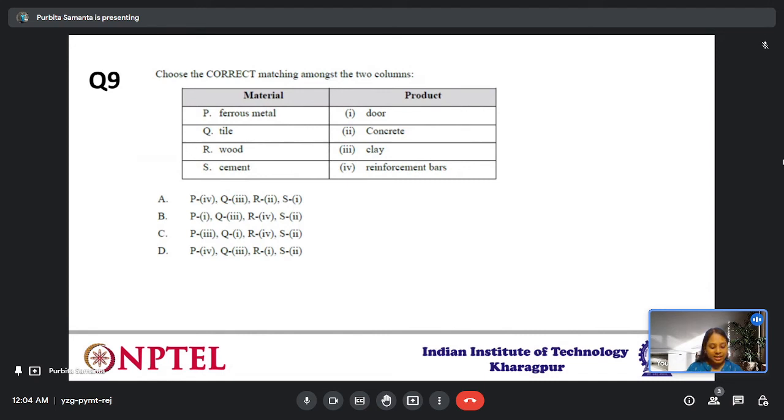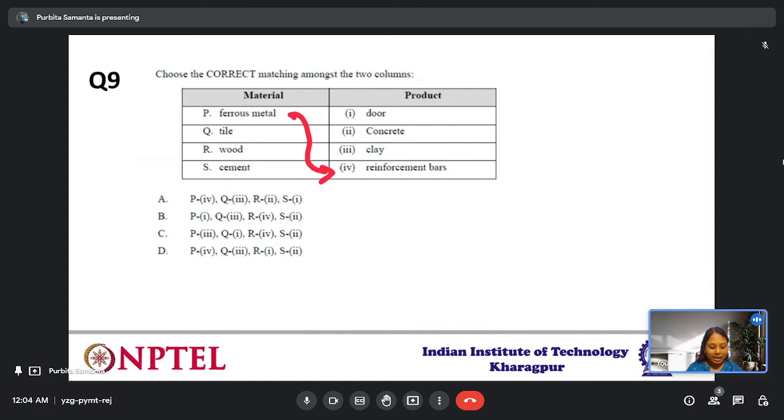And on the right hand side, we have the product: door, concrete, clay, reinforcement bars. Ferrous metal is nothing but iron, or materials which have the iron element, Fe, in them, and that is basically the reinforcement bar.